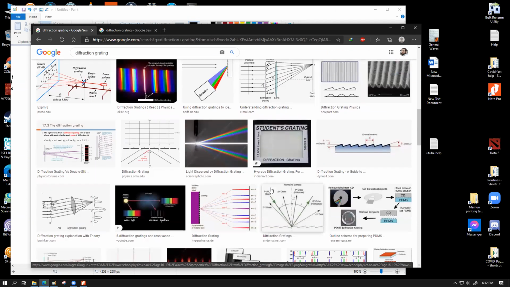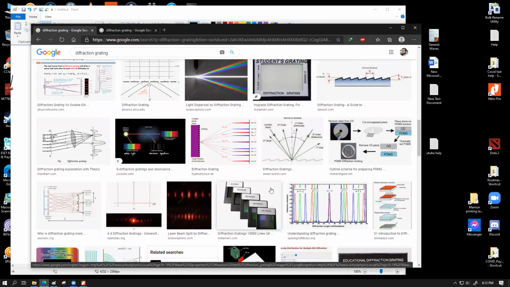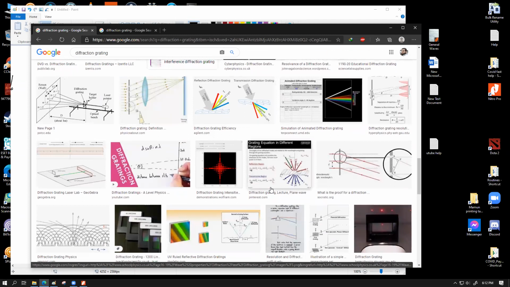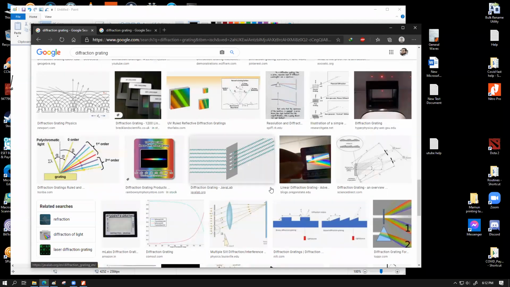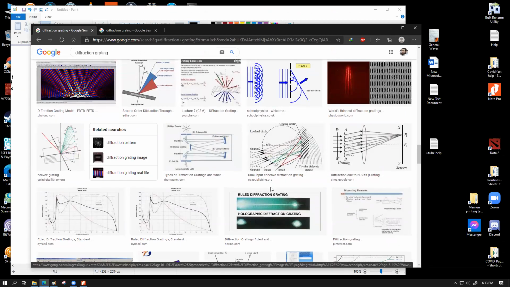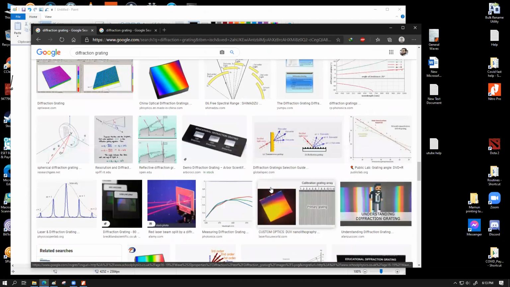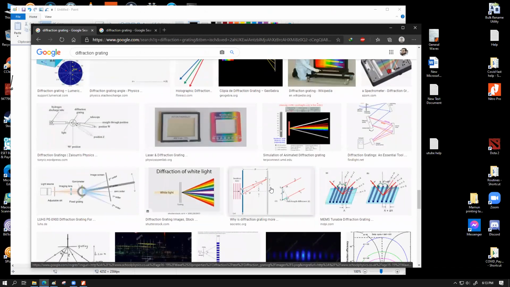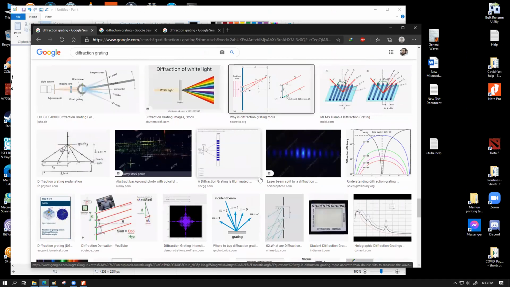I don't want a lens because the lens is not introduced in the syllabus, so I'm going to forget about the lens. Nice figure.